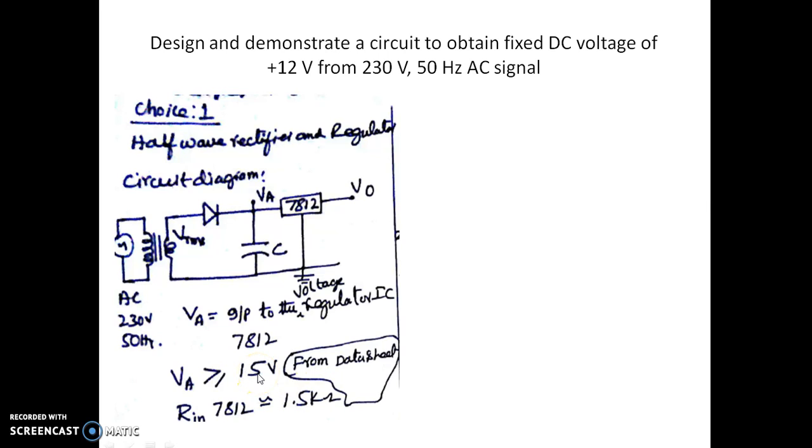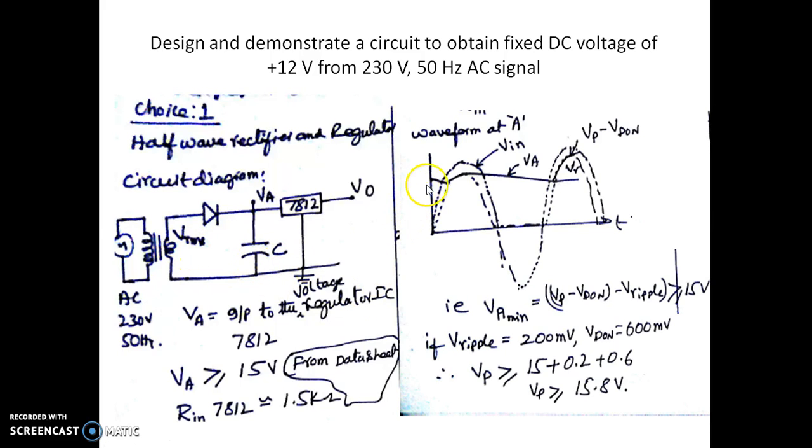These are the two data we get from the data sheet of 7812. With these specifications we can start the design and estimate the value of C and the value of VRMS, which will decide the rating of the transformer.